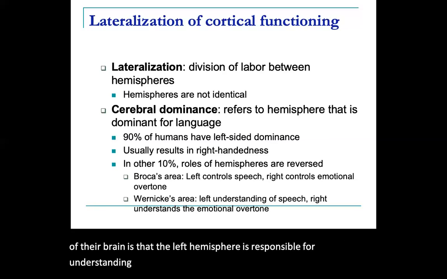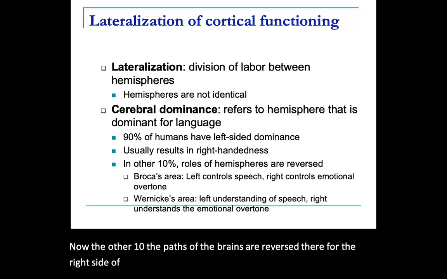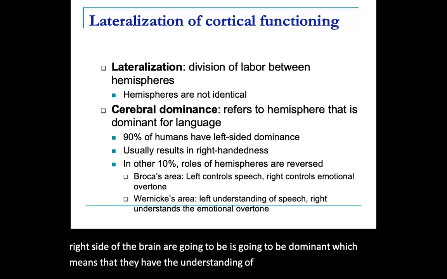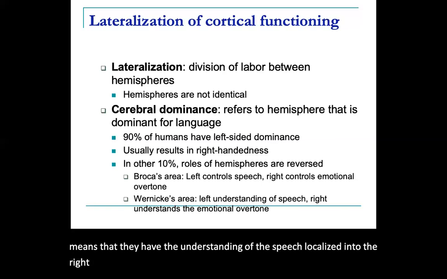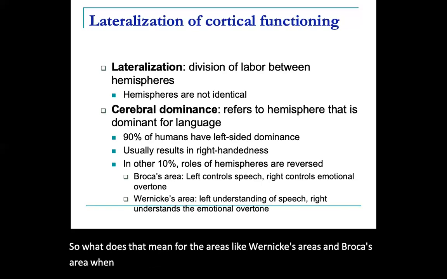Now, for the other 10%, the halves of the brain are reversed. Therefore, the right side of the brain is going to be dominant, which means that they have the understanding of speech localized in the right cerebral hemisphere. So what does that mean for areas like Wernicke's area and Broca's area when we're talking about the opposite lobe?